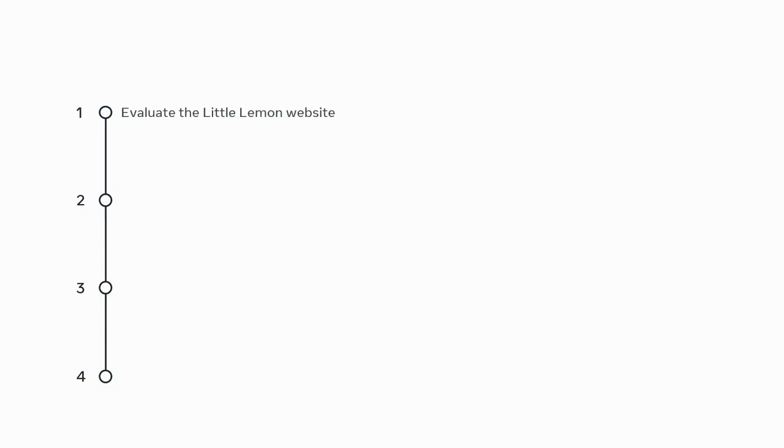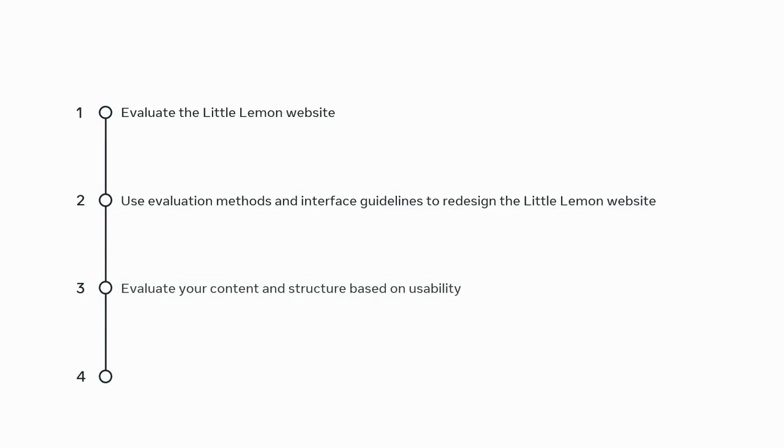You then moved on to learn how to evaluate the Little Lemon website. Having completed that part, you're now able to evaluate the Little Lemon website, use evaluation methods and interface guidelines to redesign the Little Lemon website, evaluate your content and structure with usability in mind, and name and explain navigation best practices regarding information architecture and content strategy.